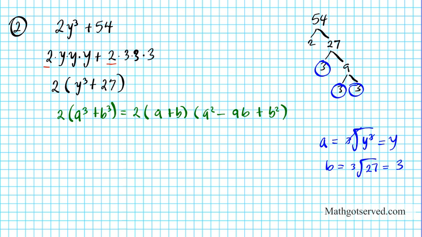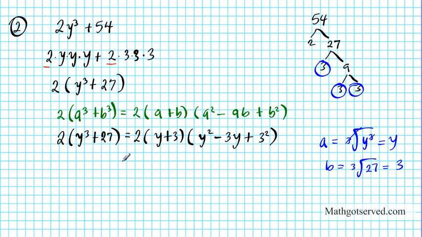So we have our A and our B, so let's rewrite the problem and then we're going to plug in these values and then simplify as much as we can. So we have 2 times y to the third plus 27. These are the cubes, so I can align their cube roots. So we have 2 times a plus b, which is y plus 3, times y squared minus ab, which is 3y, plus b squared, which is 3 squared.